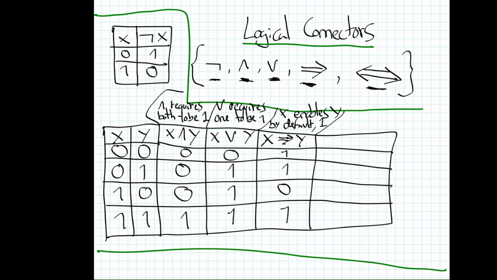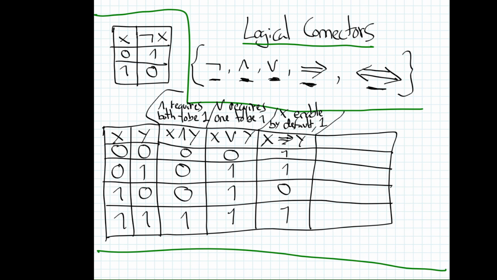So the default scenario is the return of 1 if the implicator is 0. If the implicator is 1, is true or positive, then y will be the return value.